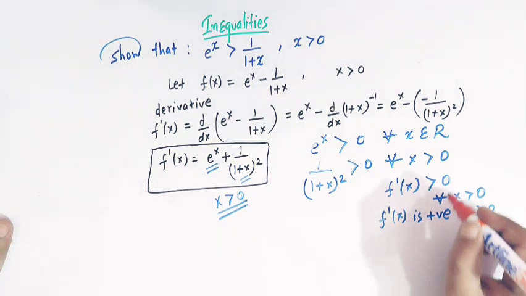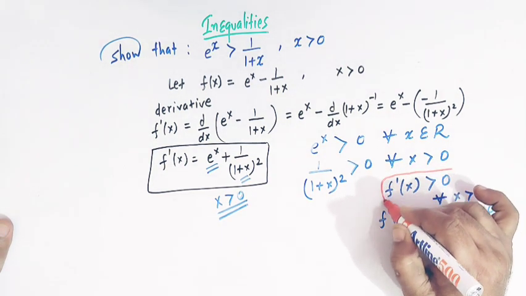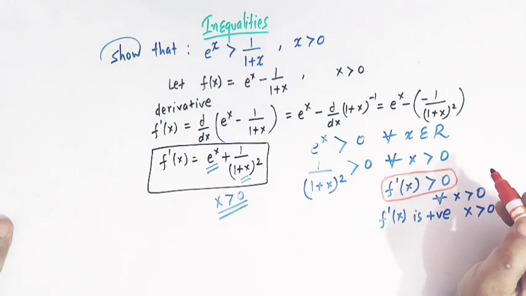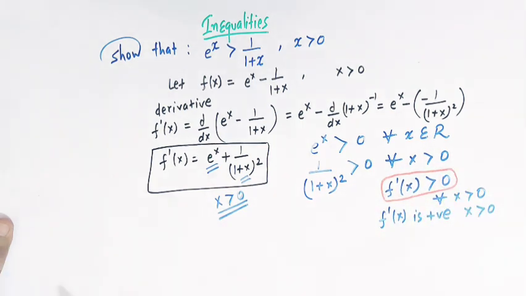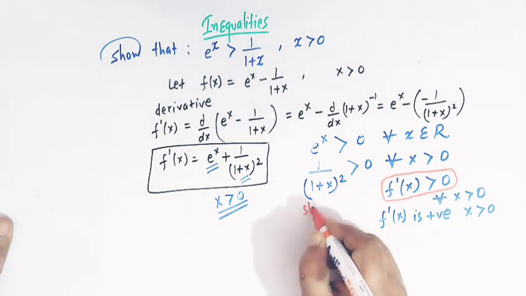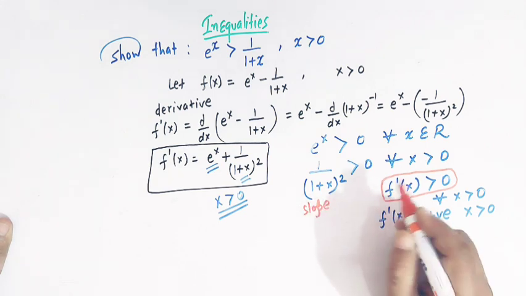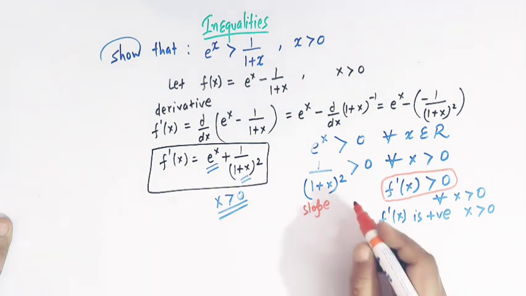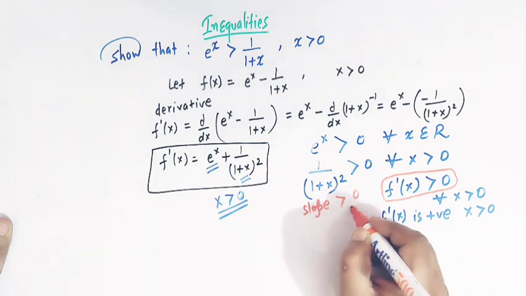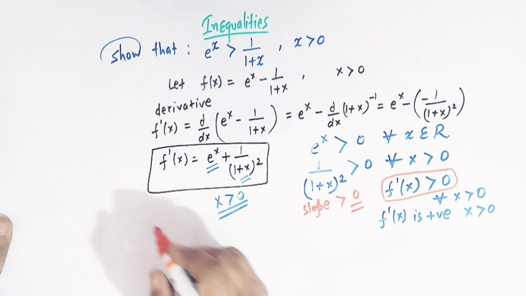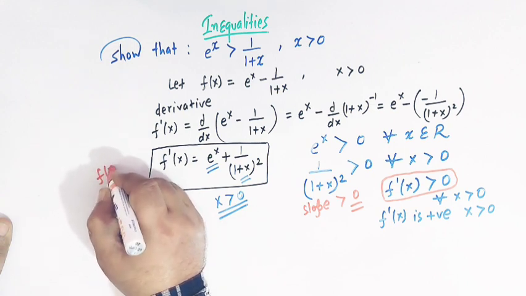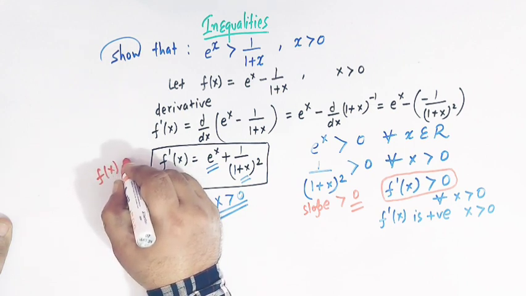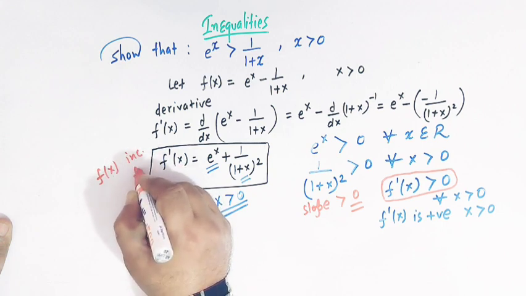So we have seen that the derivative is positive. And from application of derivatives, we know that whenever the derivative is positive, or the slope is positive, because the derivative shows the slope of the tangent, it implies that the given function f of x should be an increasing function.